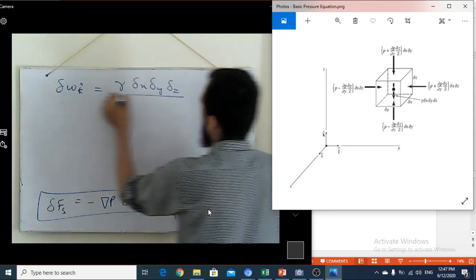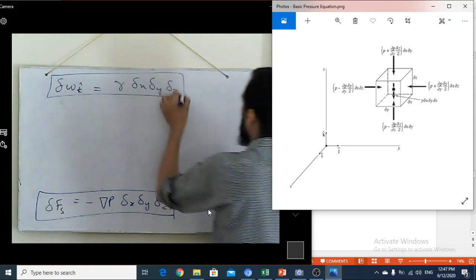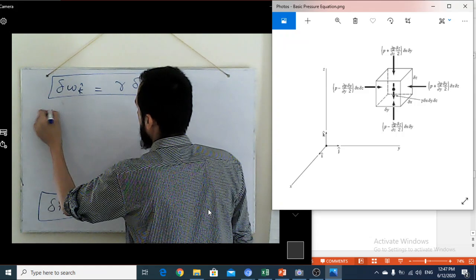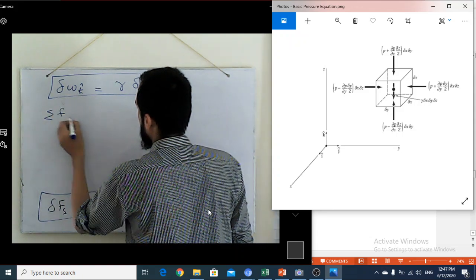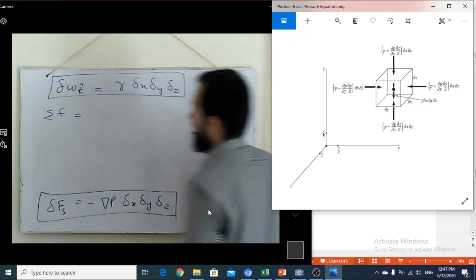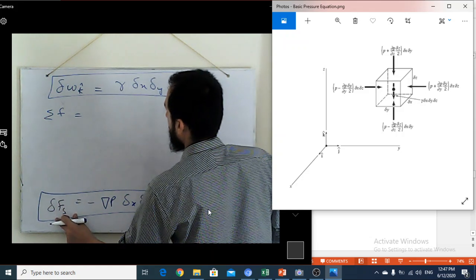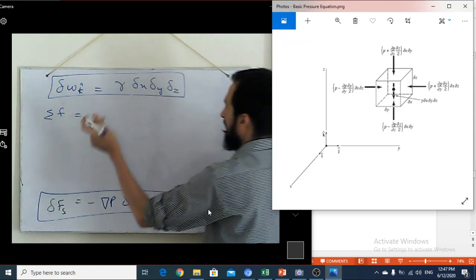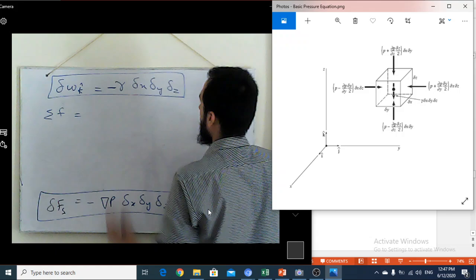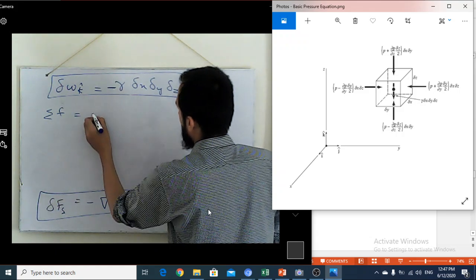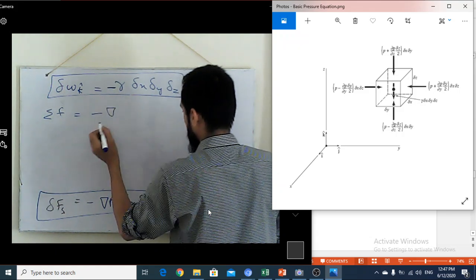Okay. If we sum up all the forces acting on the body, so this is the pressure forces and this is the weight force, and it is definitely in the negative direction. So we come up with this simplified form.